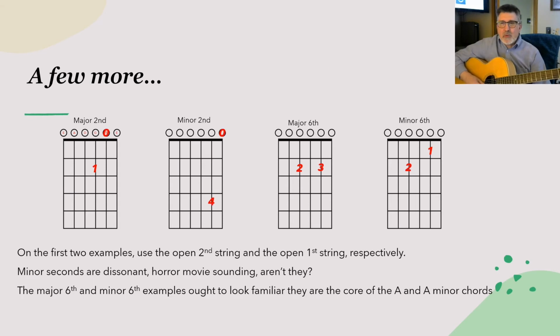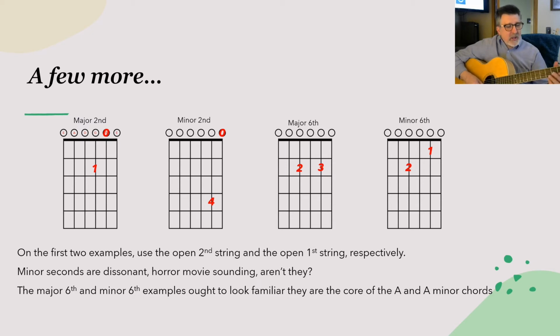Let's do a couple more. A major second. This example uses the first finger on the third string, second fret, and the open second string. We play them together. Okay, now a minor second.